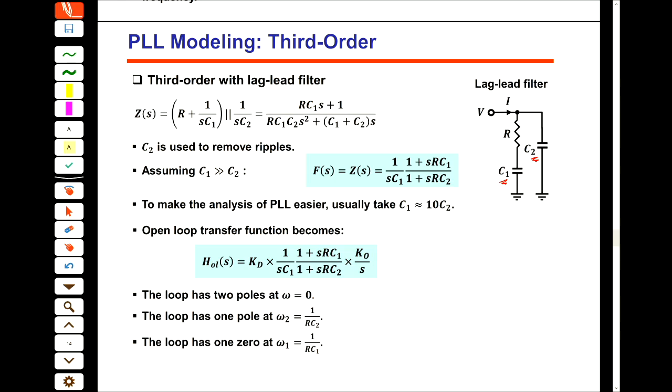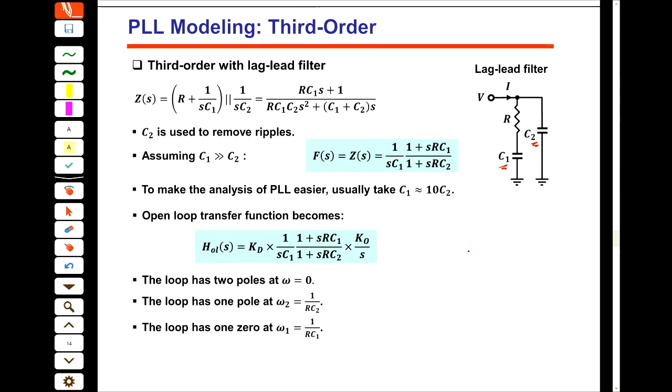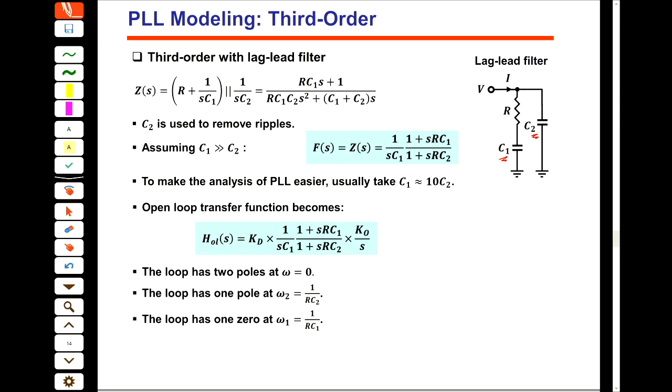The second filter that I'm going to explain here and see the performance of is the lag lead. So instead of 1 R and C, we have 1 R and 2 C. The RC is again the low pass filter, and this C2 also gives us a kind of filtering to remove more ripples.